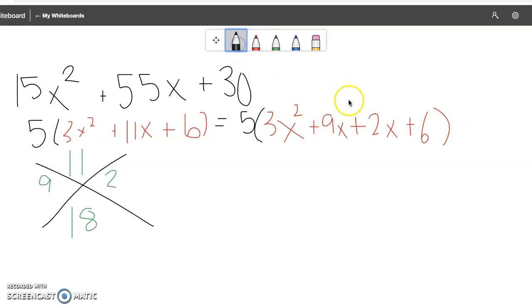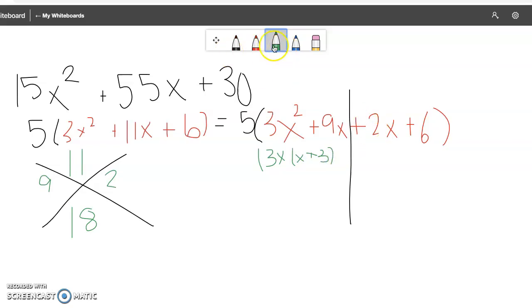So then we divide our expression down the middle, and we're going to factor out a common factor from 3x squared and 9x. And I hope that you see that that is going to be a 3x, and we're going to be left with x plus 3.